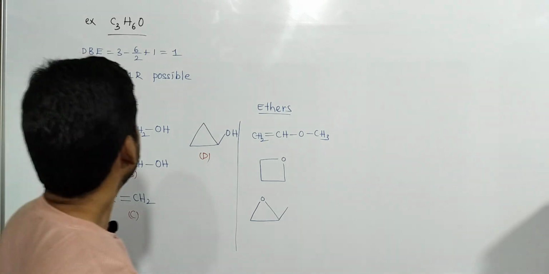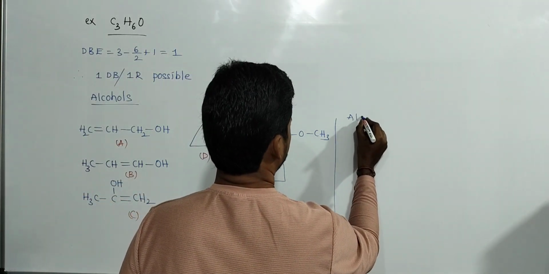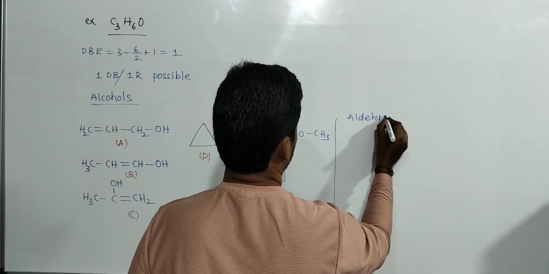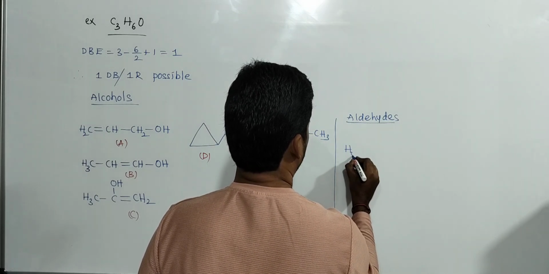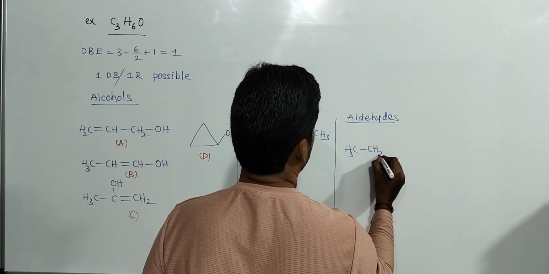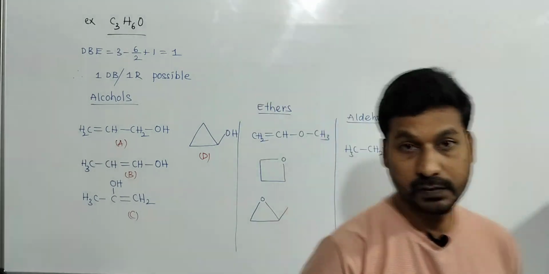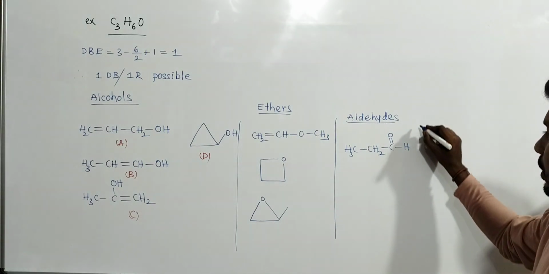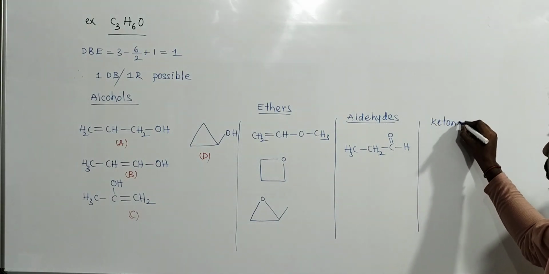Okay, aldehydes: only open chain aldehydes are possible, cyclic not possible. Cyclic aldehydes are not possible. Okay, next, ketones, only one ketone.